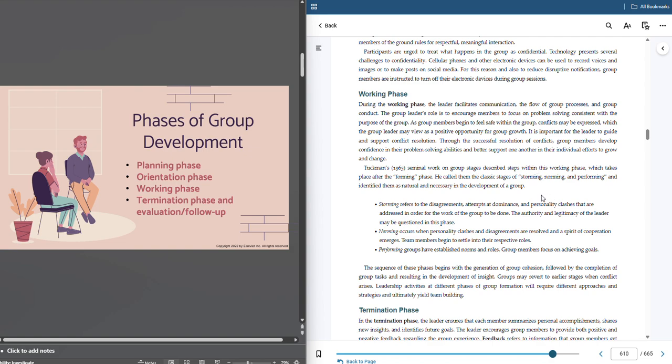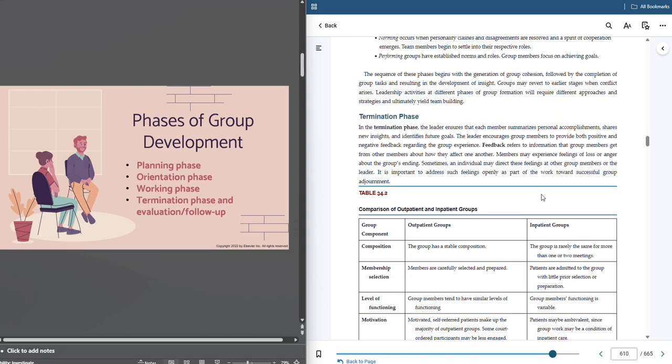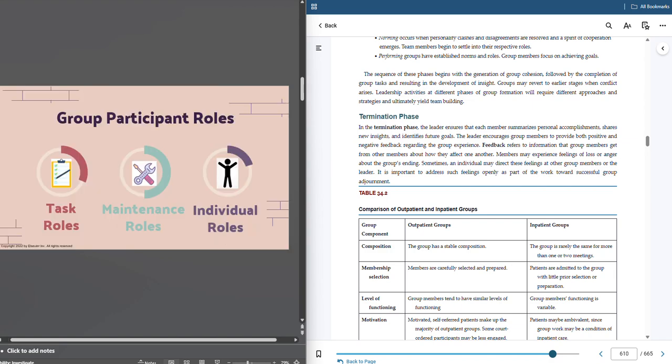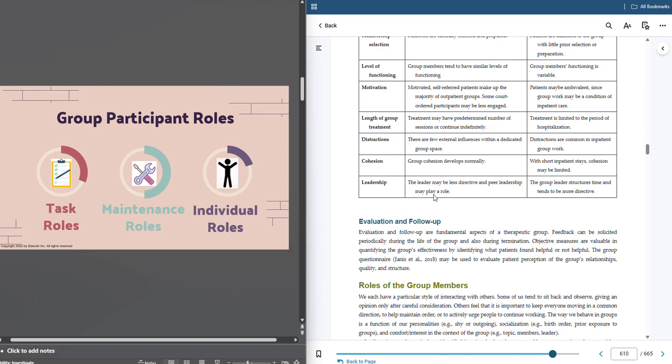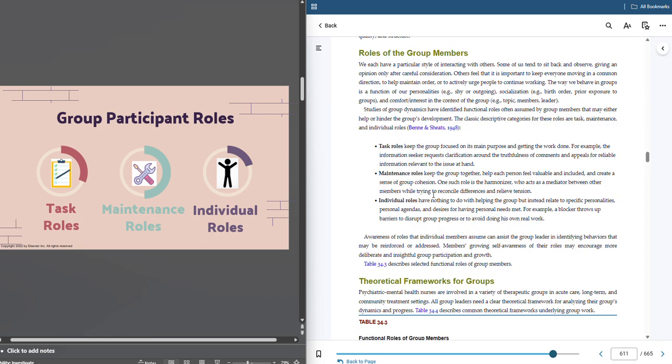Now, during the termination phase, members express feelings about group experience. They provide positive but also negative feedback during this stage. So there are roles in groups.